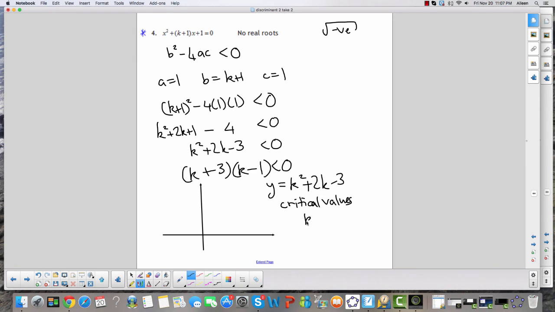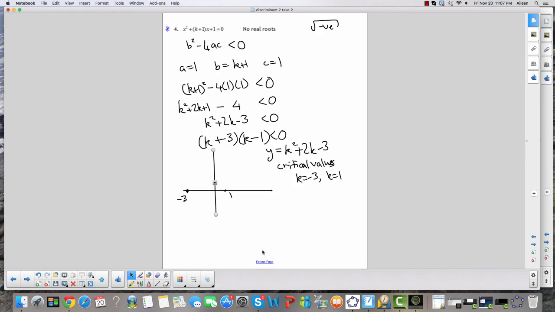So let's put negative 3 there, 1 here, and it has y-intercept negative 3. So let's put that down there too. And let's draw our parabola. Something like this.